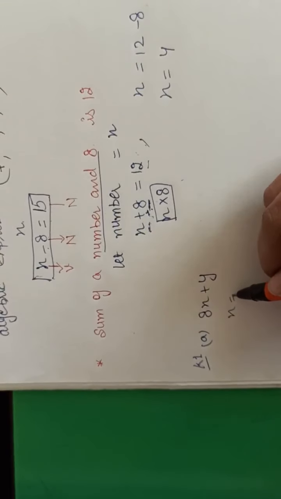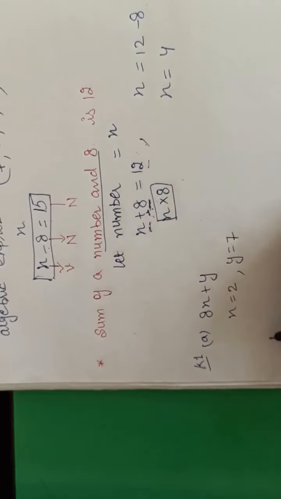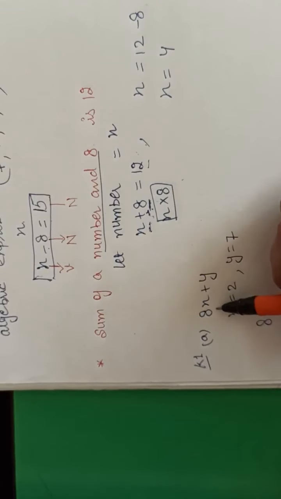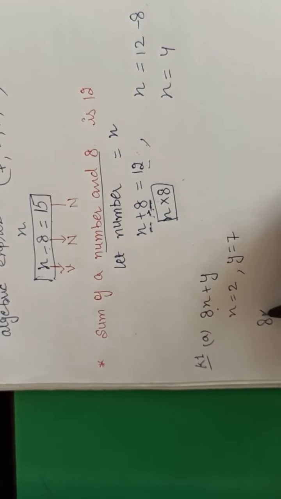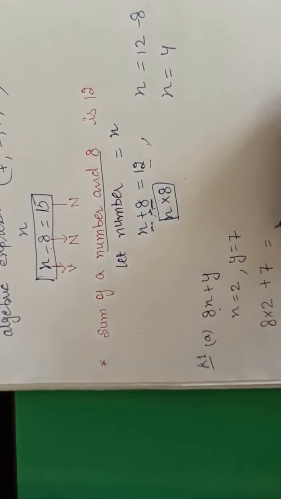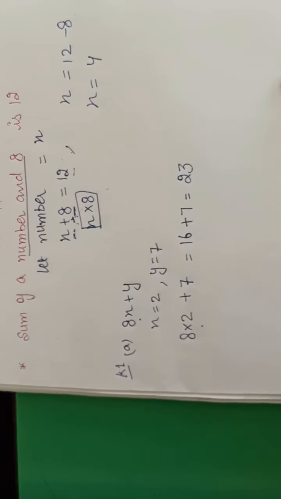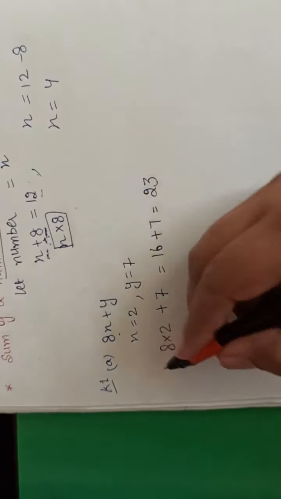Here x is given in the question 2 and y equals to 7. Put the values: 8x, no operator used between these two, it means multiplication sign, plus 7. 8 times 2 is 16, 16 plus 7 equals to 23. Right? By this you can solve.